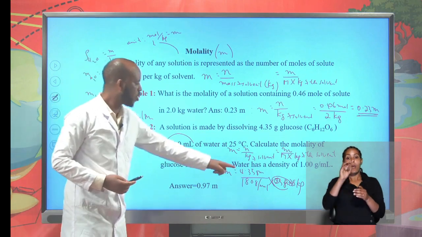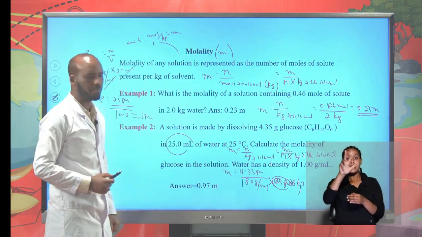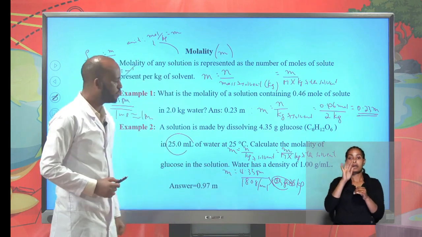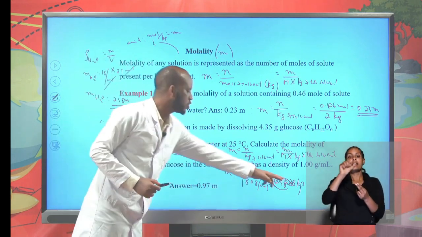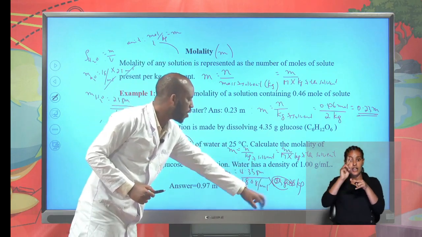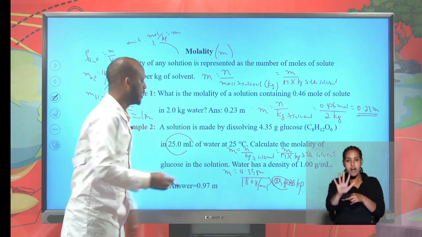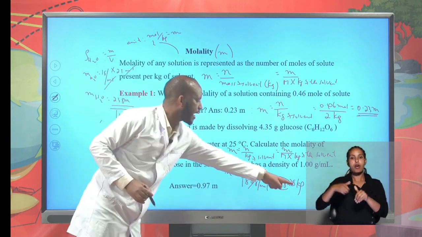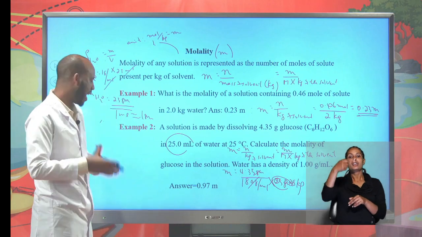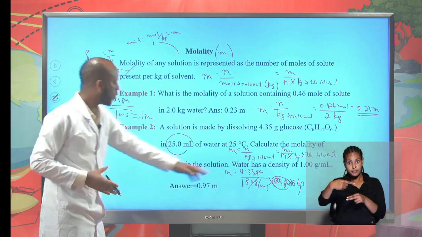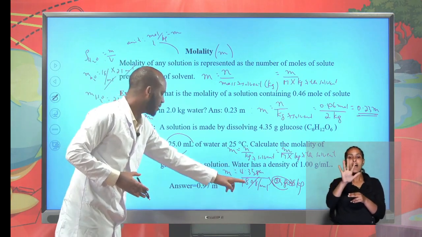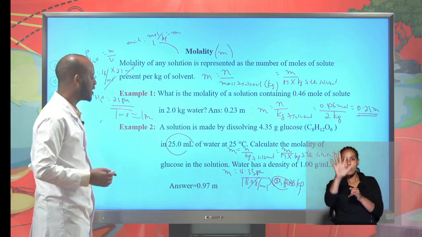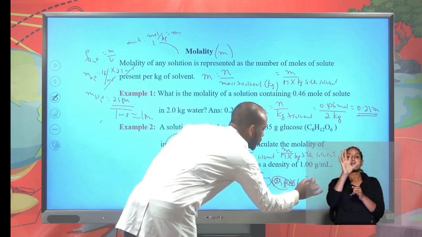Molality equals 4.35 gram divided by molar mass of the solute, 180 gram per mole, times mass of the solvent in kg, which is 0.025 kilogram. Gram will be cancelled by gram. We are left with mole per kg, which is the unit of molality. Now 4.35 divided by 180 times 0.025 is 0.97 molal.